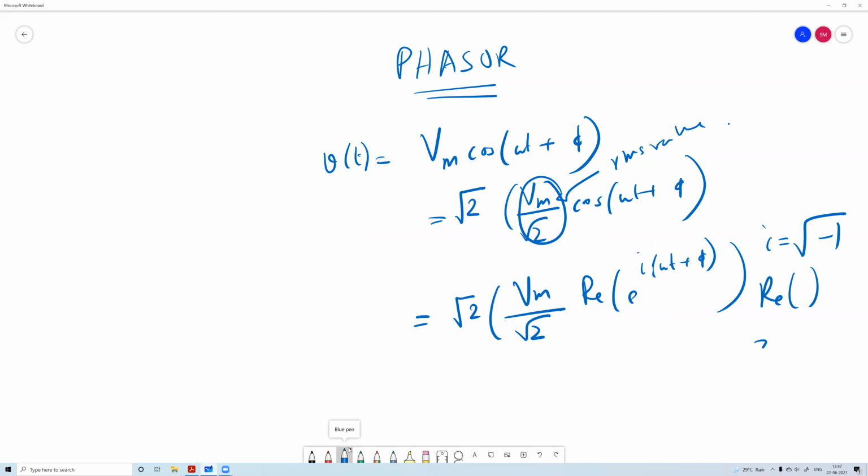Real part means if I have a complex number z equal to x plus iy, then the real part of z would be x and the imaginary part of z would be y. Can we write this in this form?